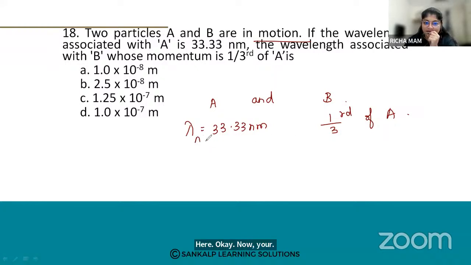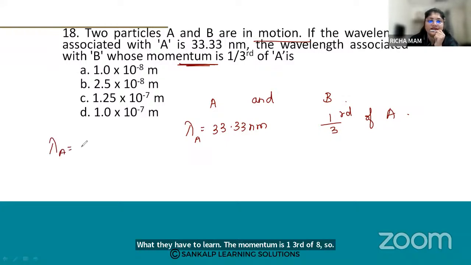Lambda A is given, that is the wavelength. So you have to find the wavelength of B. What they have told is the momentum is 1/3 of A. So your lambda is 33.33 nanometer.